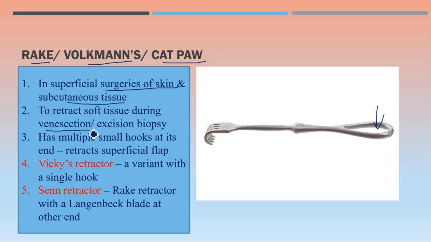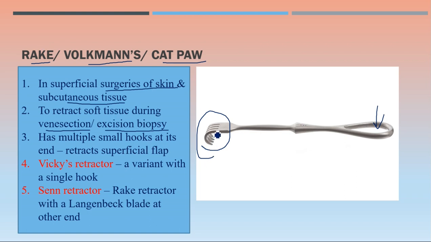Whenever we are attempting some excision biopsy of smaller subcutaneous swellings, cat's paw retractor may be used. It has multiple small hooks at its end. These hooks are used to retract the superficial flap, right?